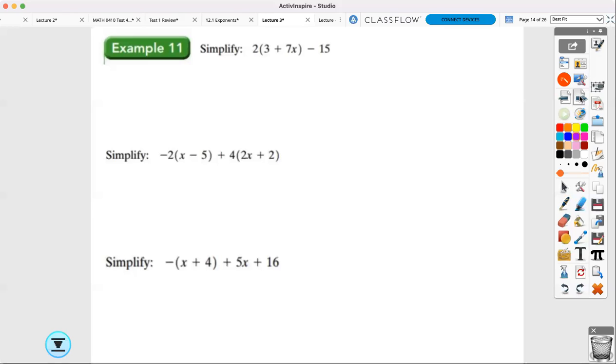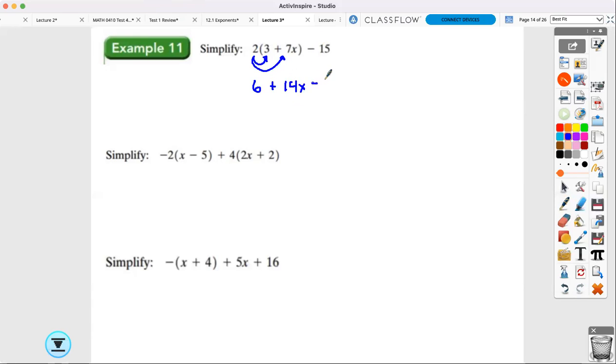All right, class, for example 11, what are we gonna distribute, class? What value? The 2 times 3. Yep, the 2 times the 3 and the 2 times the 7x. 2 times 3 is 6. 2 times 7x is plus 14x.